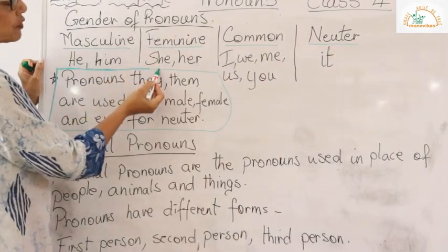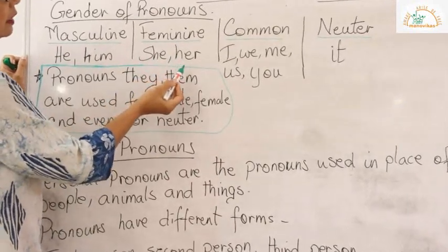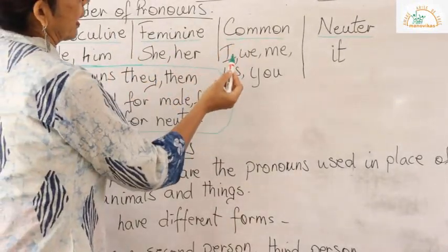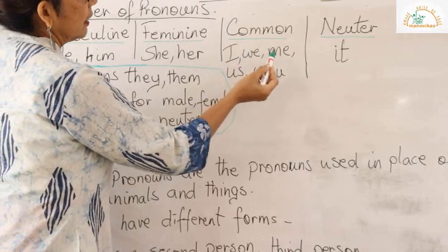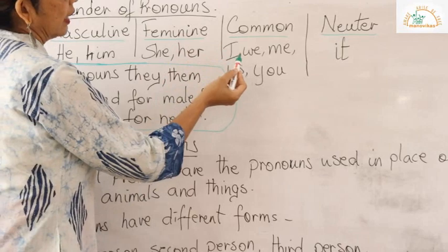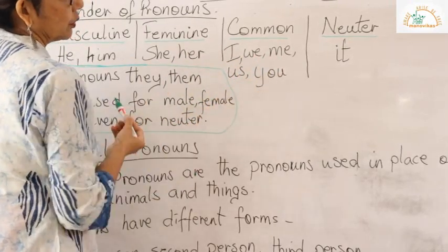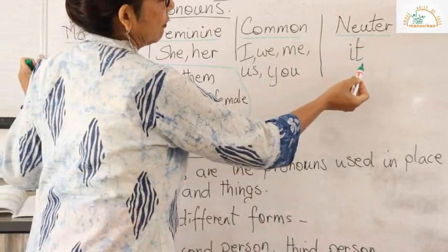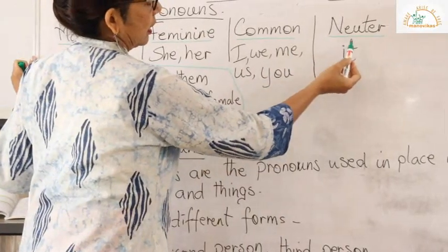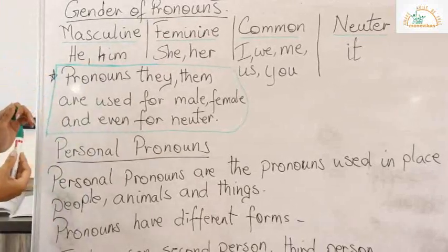In feminine we have she and her. Common we have I, we, me, us and you. And in neuter we have it, just one. In neuter we have just one pronoun, that is it.